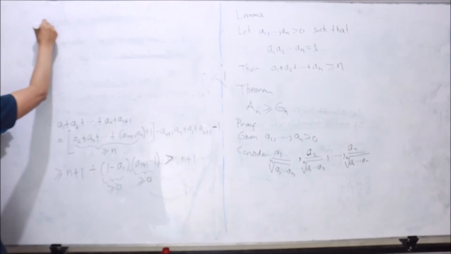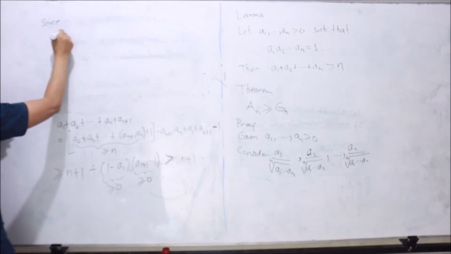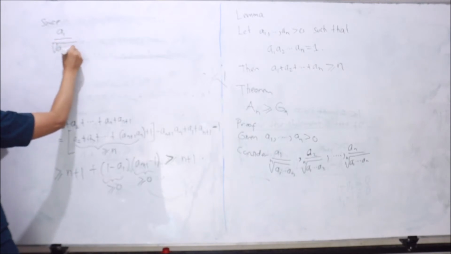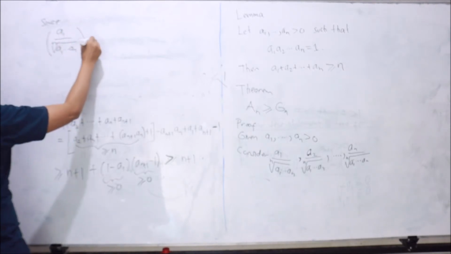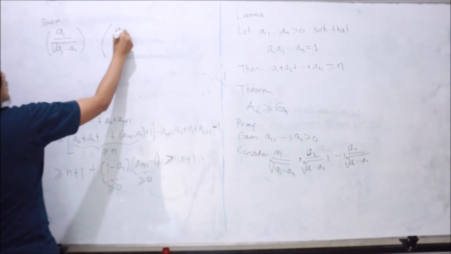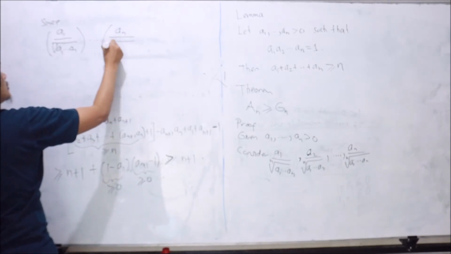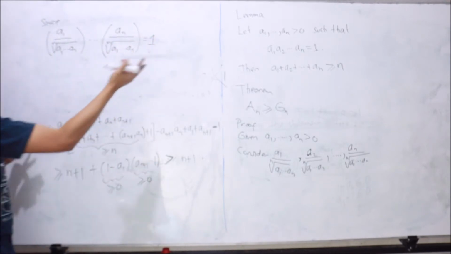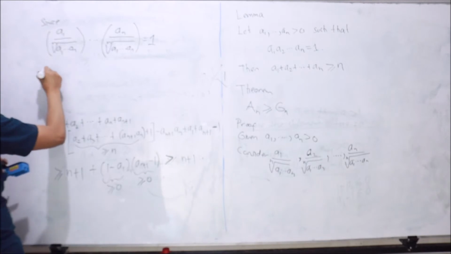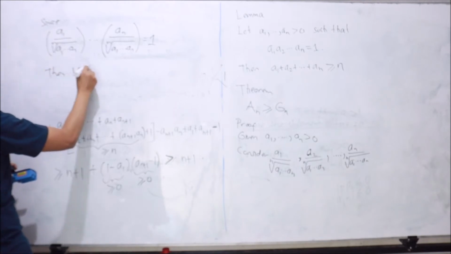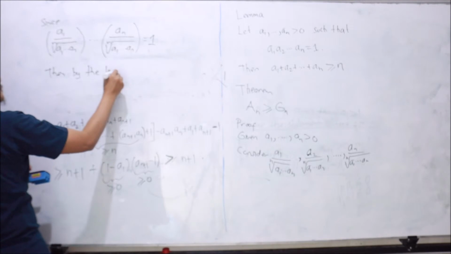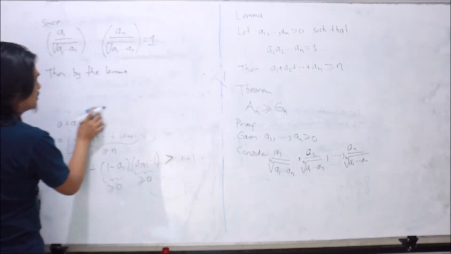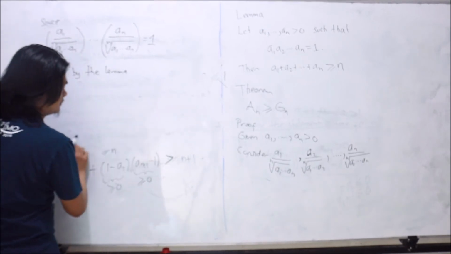So you can say that since a1 over the nth root, dot dot dot, times an over the nth root of the product is equal to 1, then by the lemma, we have that the sum of these n numbers must be greater or equal to n.